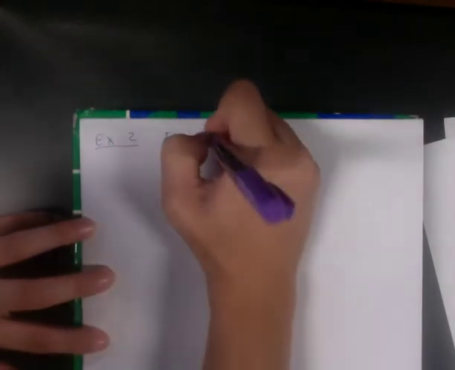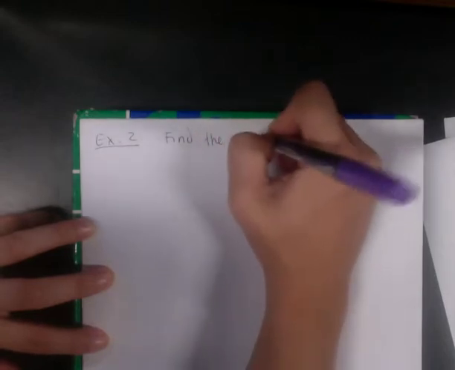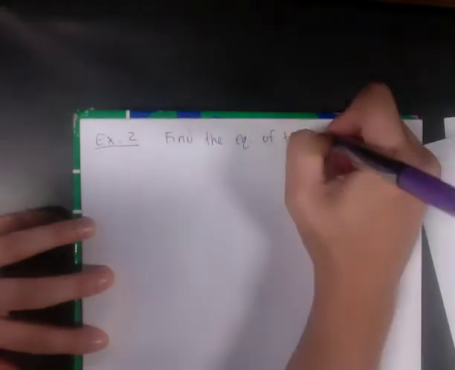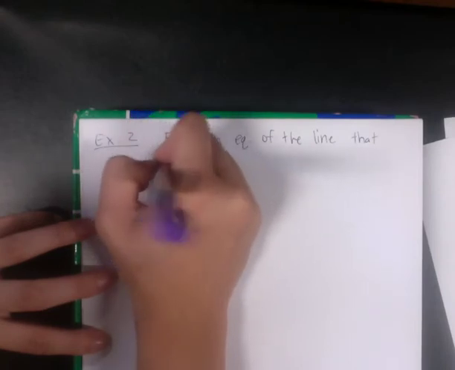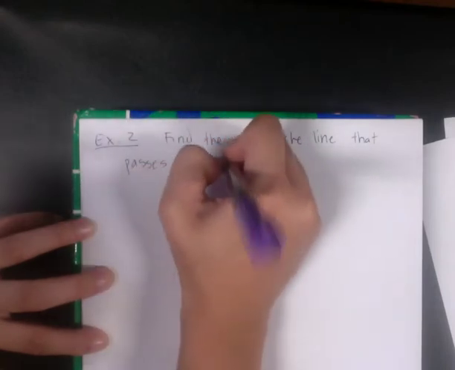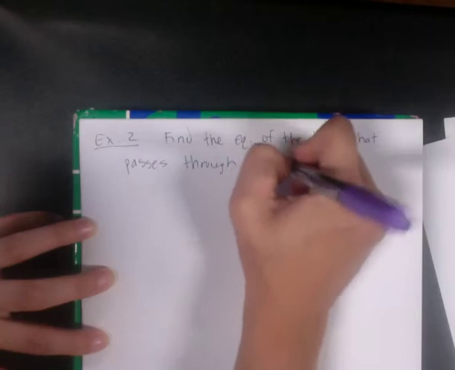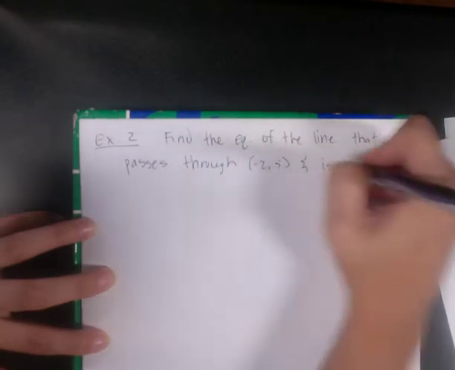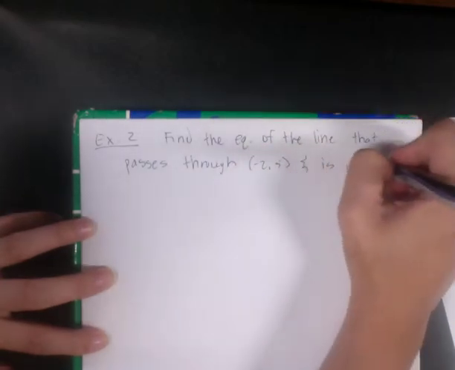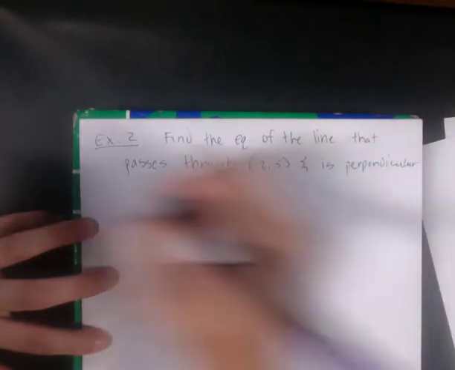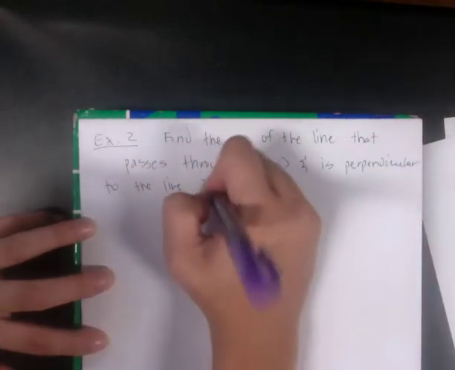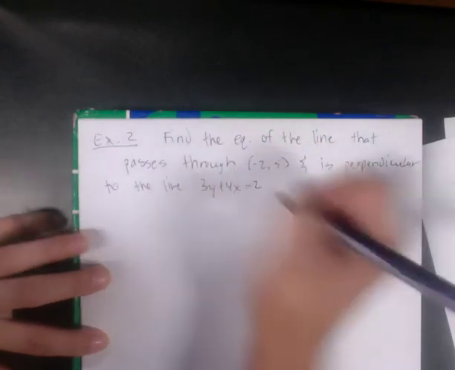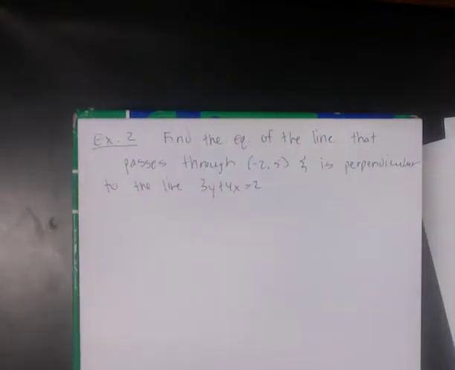Find the equation of the line that passes through (-2, 5) and is perpendicular to the line 3y plus 4x equals 2. Okay, we have a lot happening.